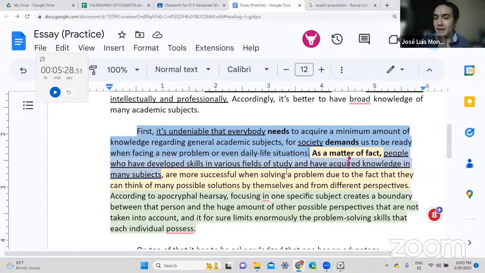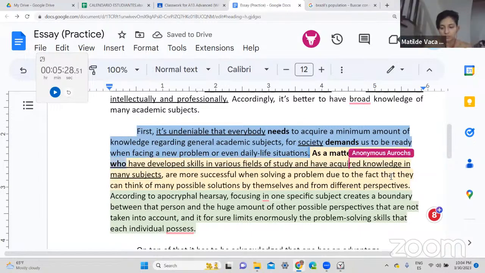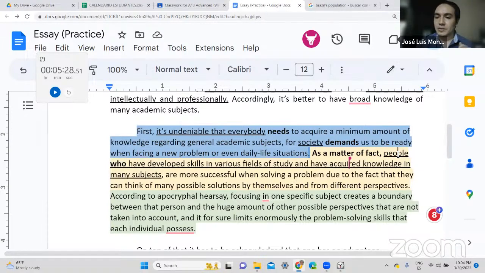Also, a very interesting way to know that is that you have an adjective here. So all of this is just one big adjective for the word people. Okay, so what people are you talking about? I'm talking about people who have developed skills in various fields of study and have acquired knowledge in many subjects. Okay, I'm talking about that group of people. So it's only one subject.